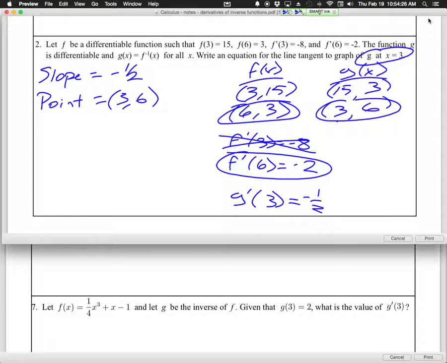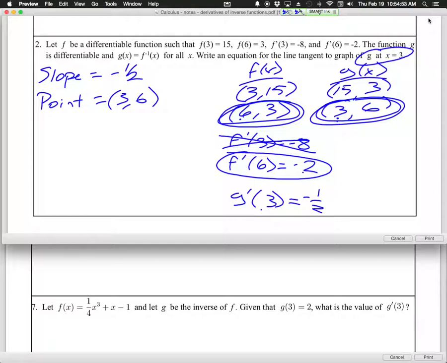If you've got the matching ordered pair, what do you know about the derivatives? They have to be reciprocals of each other. So since these are a matching ordered pair, f prime of 6 and g prime of 3 have to be reciprocals of each other. F prime of 6 equals -2, so that means g prime of 3 has to be -1/2.